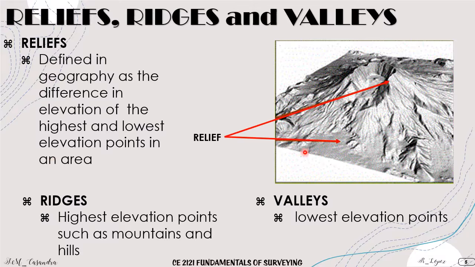So we have here the lowest, so this is a valley, and we have here the highest points or your ridges. So the difference between your highest and your lowest point is your relief.